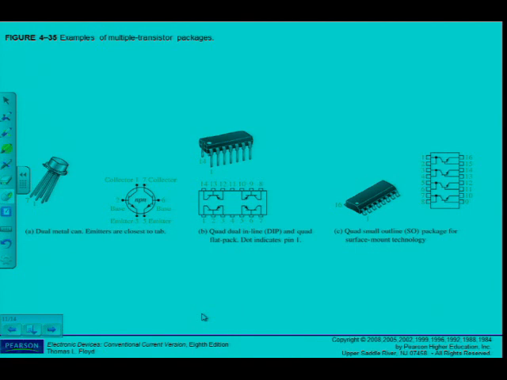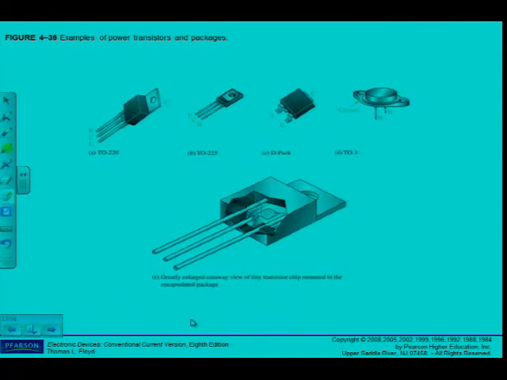The next category, power transistors. Here are some examples of power transistors and packages. Power transistors are used to handle large currents, typically more than 1 amp, and or large voltages. For example, the final audio stage in a stereo system uses a power transistor amplifier to drive the speakers.